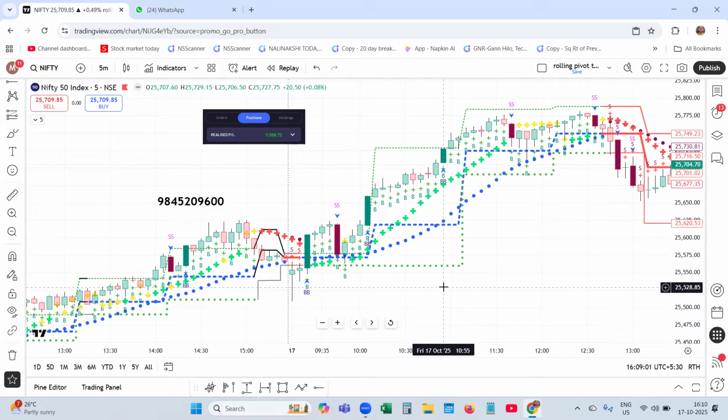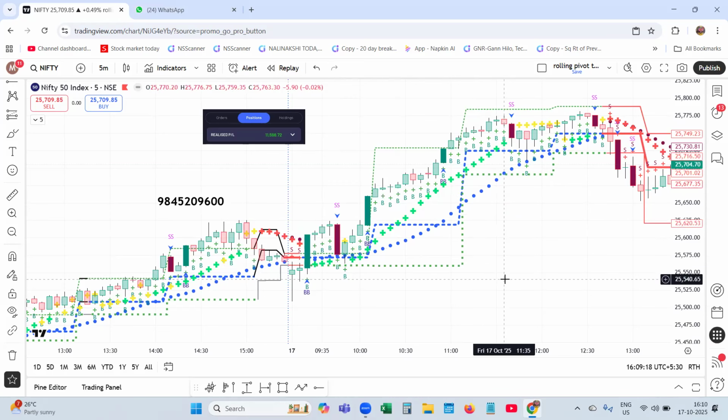It is like me sitting behind you and giving tips. Even when somebody gives you tips, by the time they are transferred, the price will have moved. Here, no hiccup, nothing. You can immediately place the order and capture the movement.